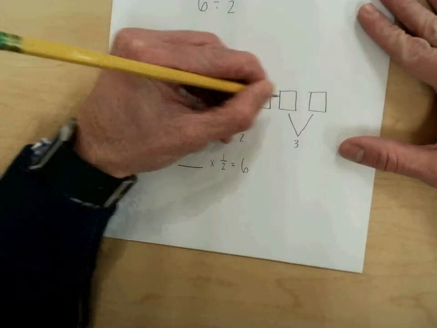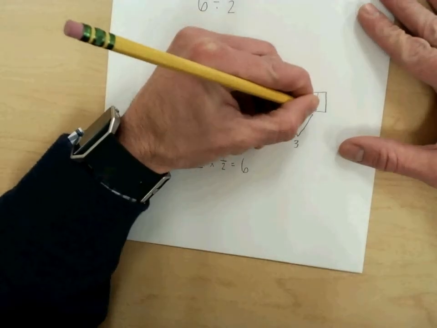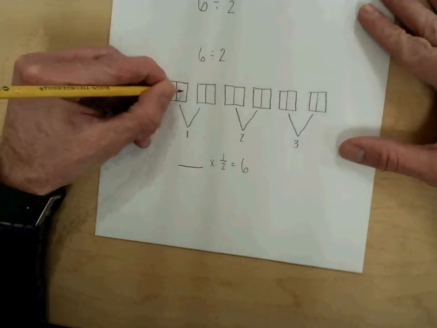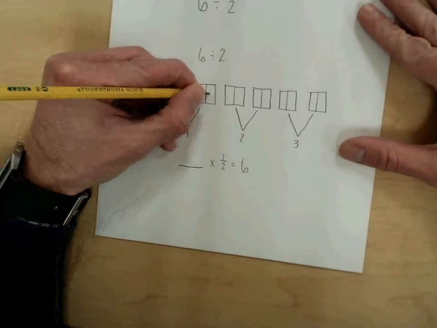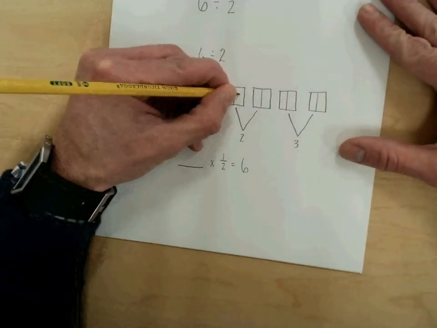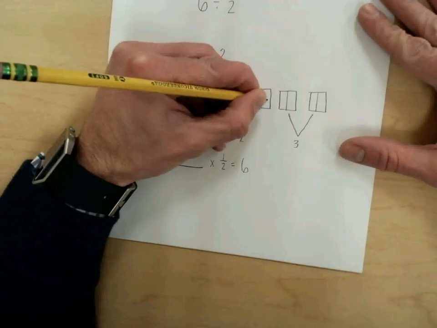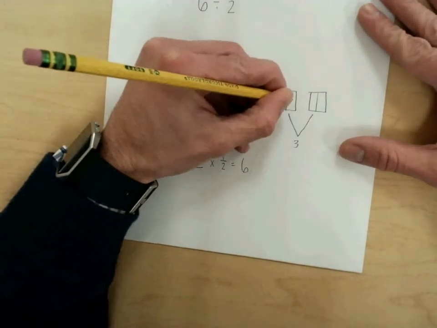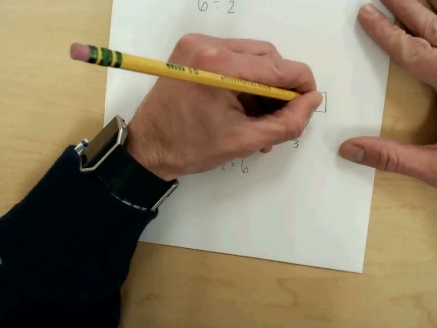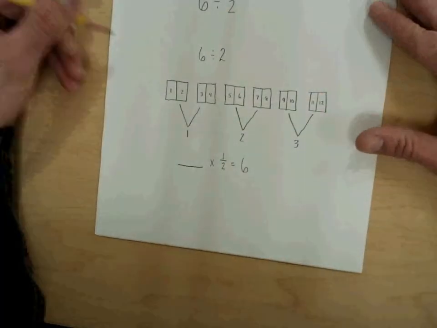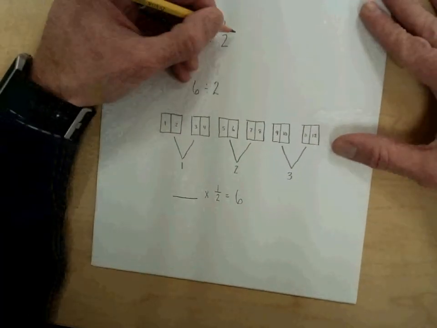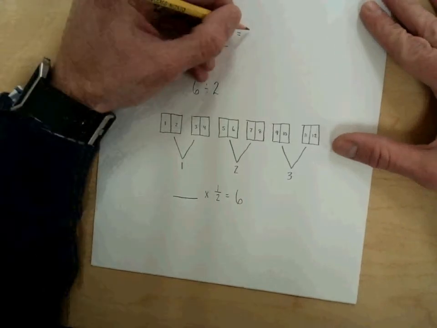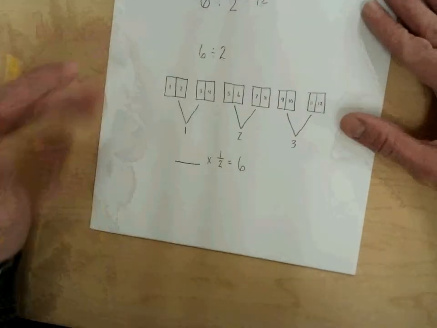I'm just cutting those in half. Now, how many are there? 1, 2, 3, 4, 5, 6, 7, 8, 9, 10, 11, 12. So we know 6 divided by 1/2 equals 12.